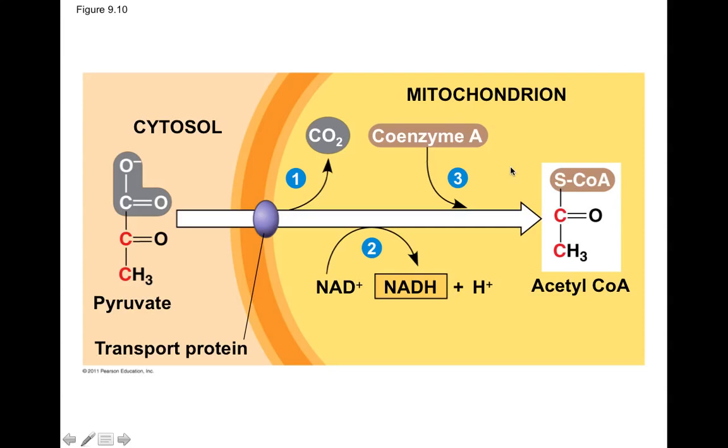And we hook that onto what's left of our pyruvate molecule, which is an acetyl group. This is an acetyl group right here, connected via that thiol group, that sulfhydryl group, to coenzyme A, and that's our acetyl-CoA. And acetyl-CoA is what's going to go on to the citric acid cycle.